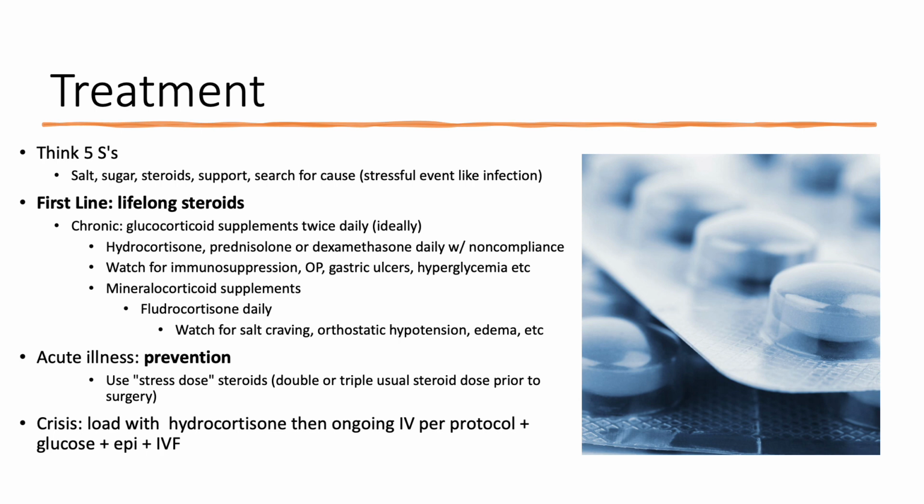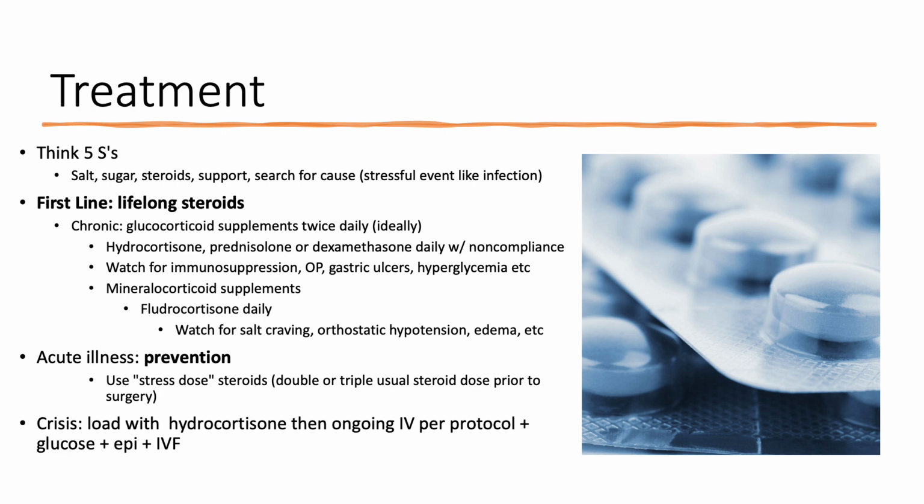This should normally be dosed twice daily because we have a biphasic rise in our cortisol levels. And if you can't, you could do a daily dexamethasone. I don't know that I could take anything twice a day. So anyway, during a crisis, you're going to treat them similar to a septic shock patient.